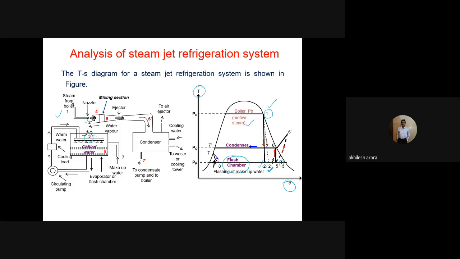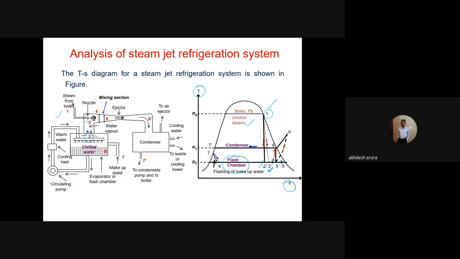Now what happens, once the steam comes out of the nozzle, there is some loss of its energy, because the steam which is coming out from the nozzle is at high velocity.